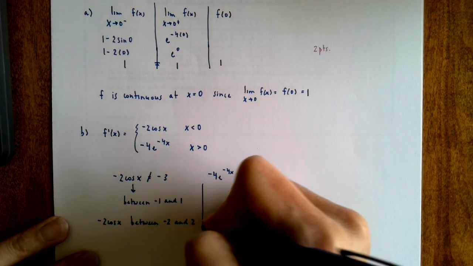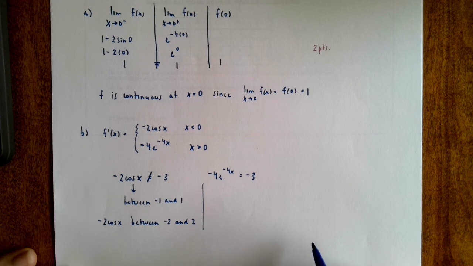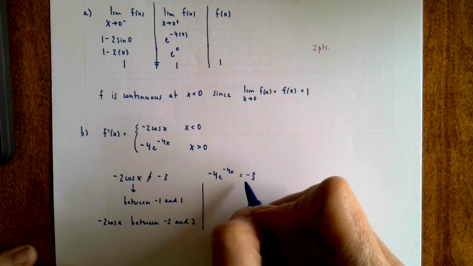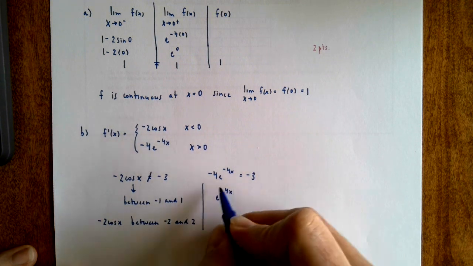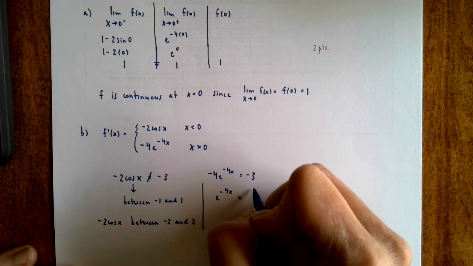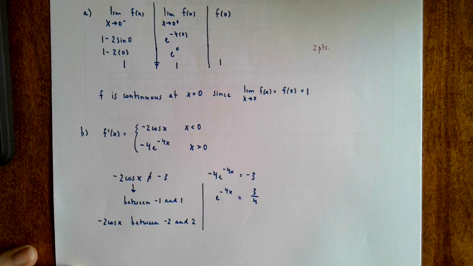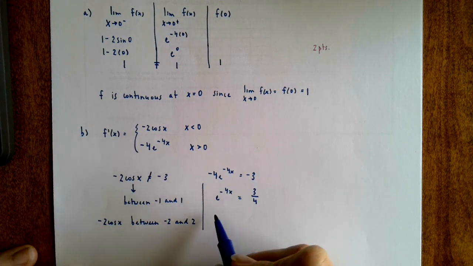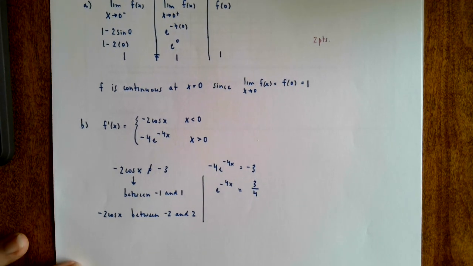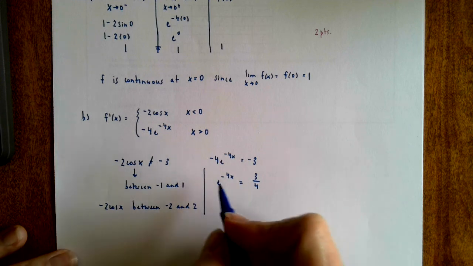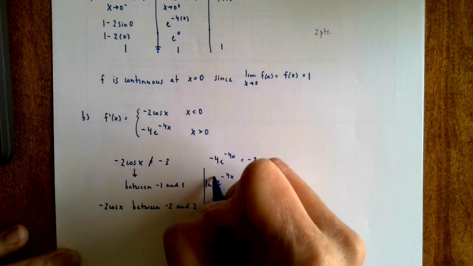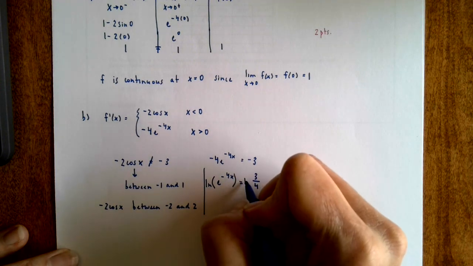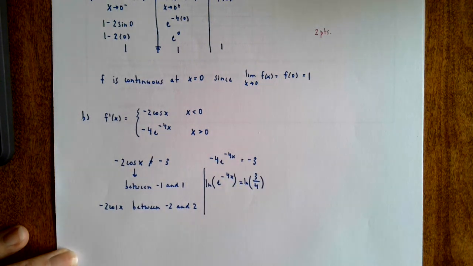So now let's look at our other function here and let's solve this for x. So the first thing I'm going to do is divide by that negative 4. So I'm going to get e to the negative 4x equals 3/4, because a negative over a negative makes it positive. Now, hopefully you remember we did a lot of work with these functions when we were doing differentials. If I need to get negative 4x out here, I'm going to take the natural log of both sides.